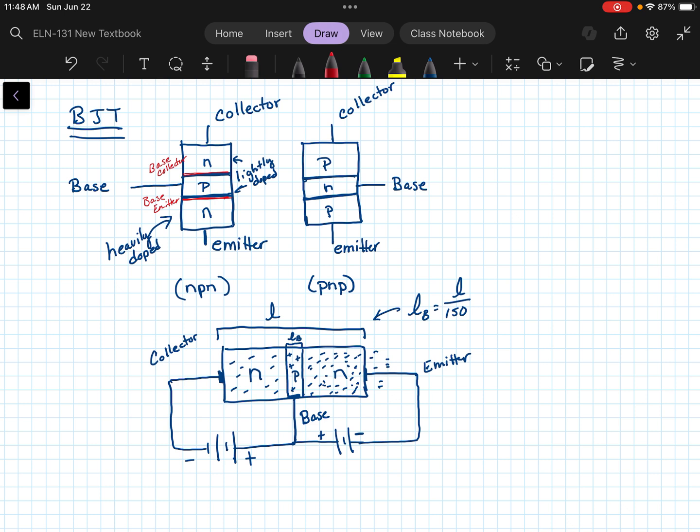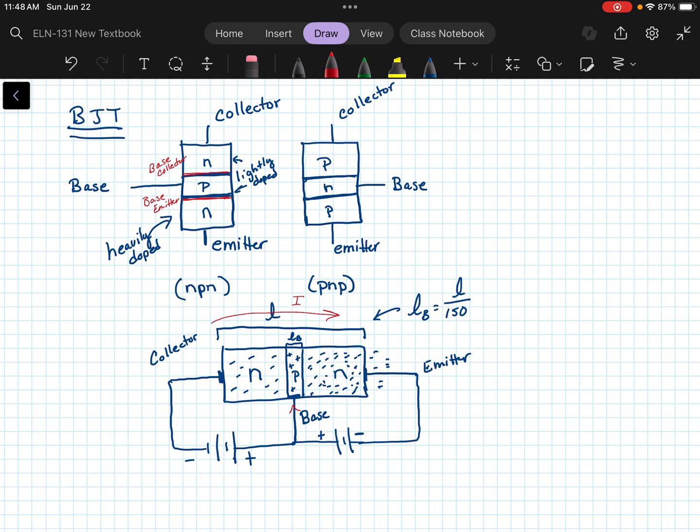a lot of current dumping this way through the entire transistor. And the problem with that is that it really doesn't matter what's going on at the base. If we have a little bit of current at the base, it doesn't really matter, because the circuit itself has taken over and created this current that we can't really control very well anymore.